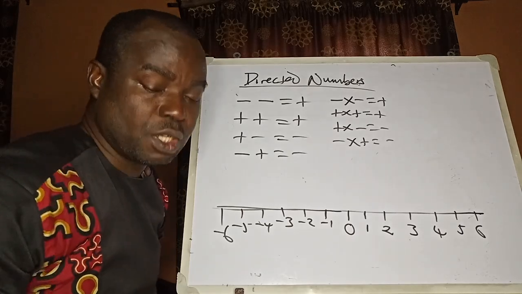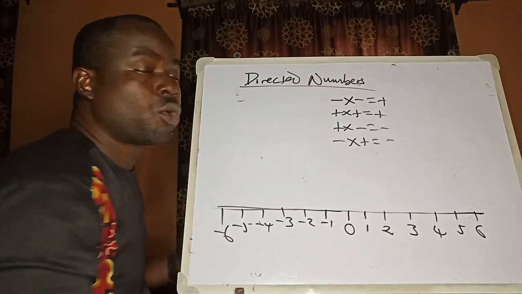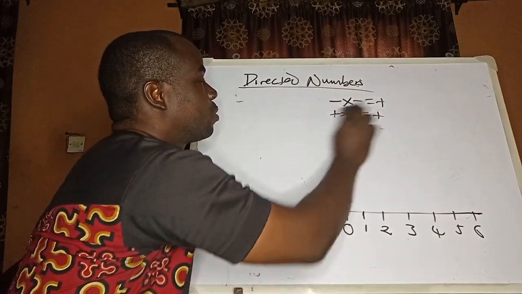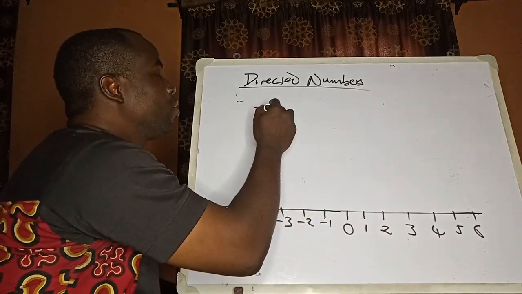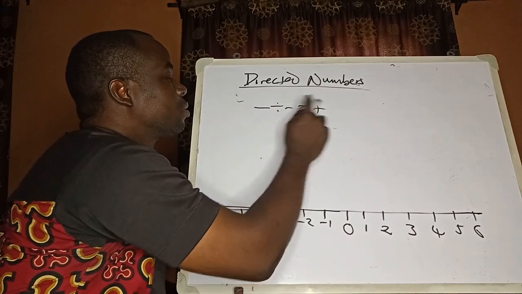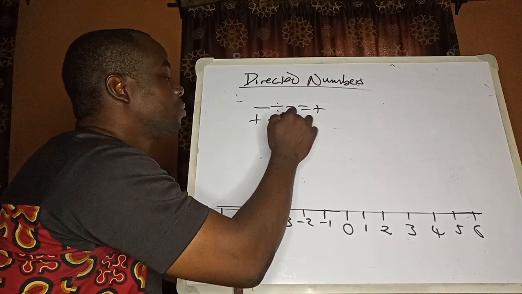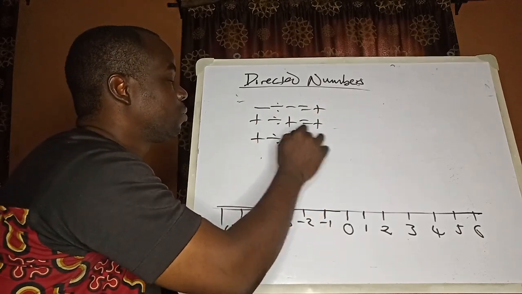And then finally, before we start our solvings, I'm not going to clean this number line because we use it for our work. Finally, before we start our work, minus divided by minus is plus. Plus divided by plus is plus. Plus divided by minus is minus.